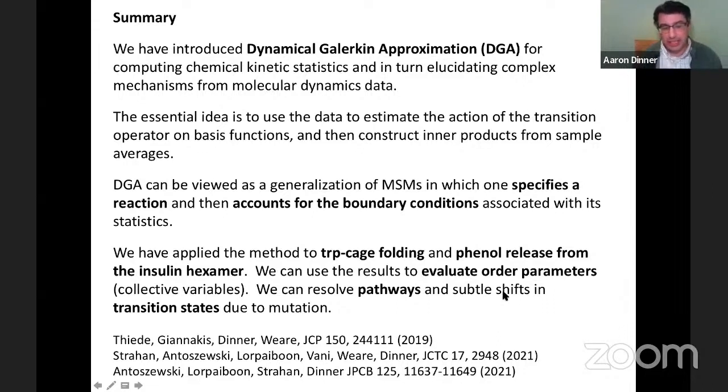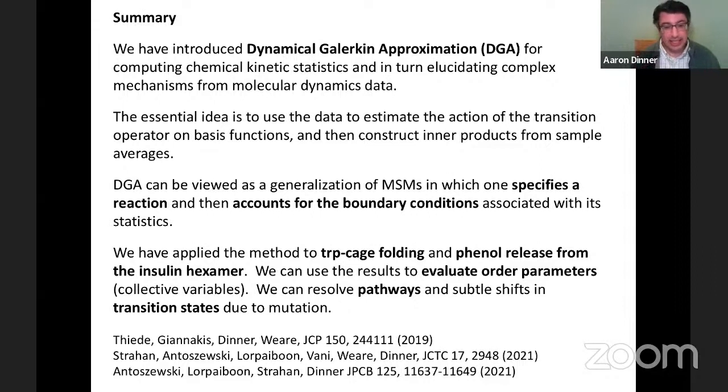And then what I showed you is that because you're able to work in this sort of higher dimensional space, you can try out lots of combinations of order parameters or collective variables to evaluate how well they represent the mechanism, the committer, the potential of mean force.